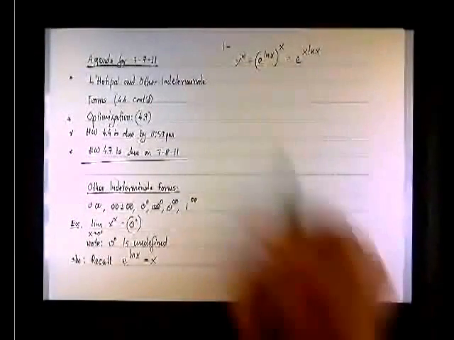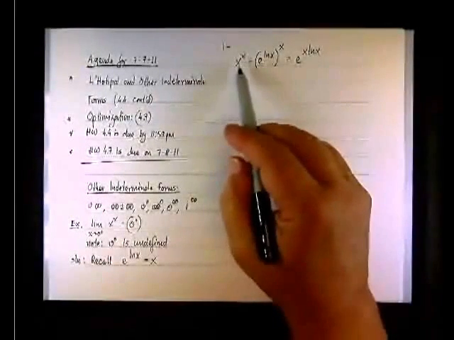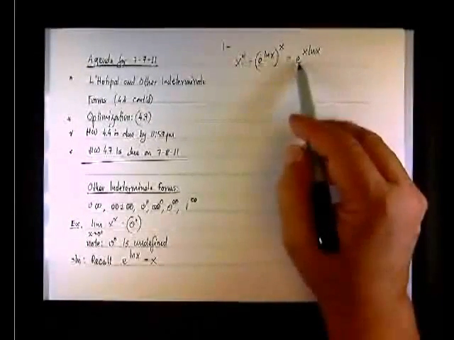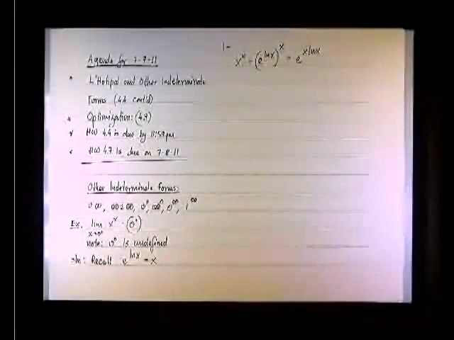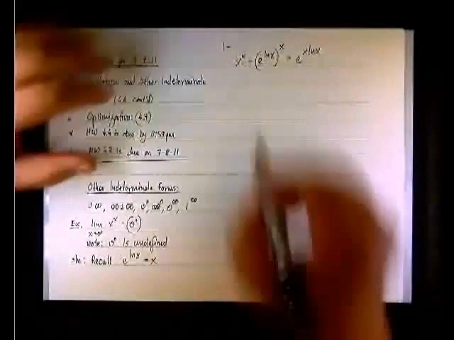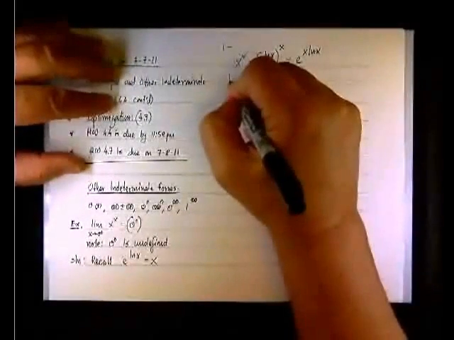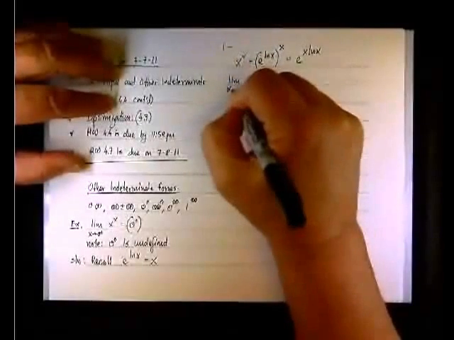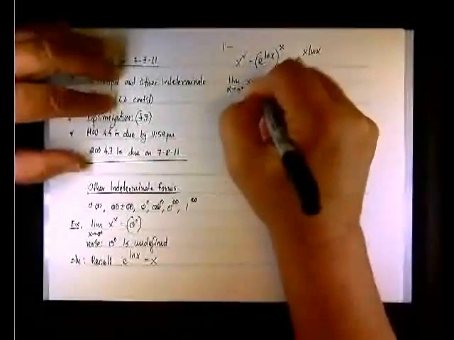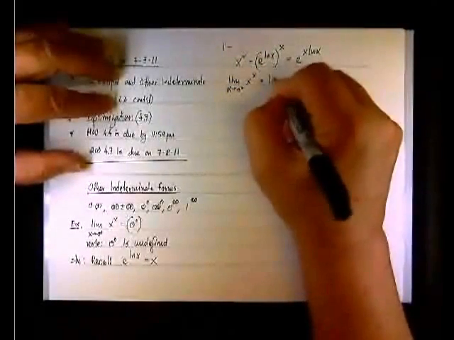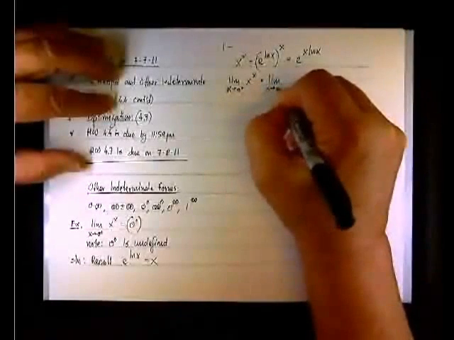So those are the two equivalent functions. x to the power of x is equal to e to the power of x natural log of x. So instead of taking the limit of the first, we'll take the limit of the last.